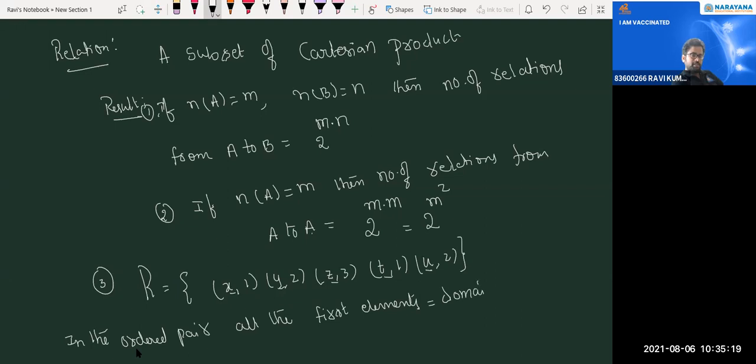Capital letters only you can write. Domain. The domain of this one here, what are the numbers? X, Y, Z, T and U, sir.